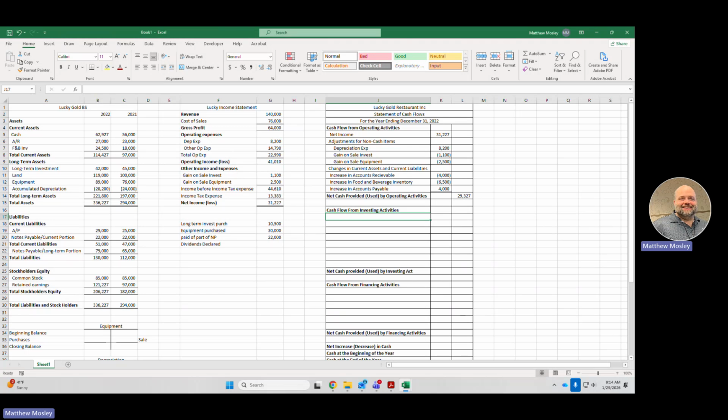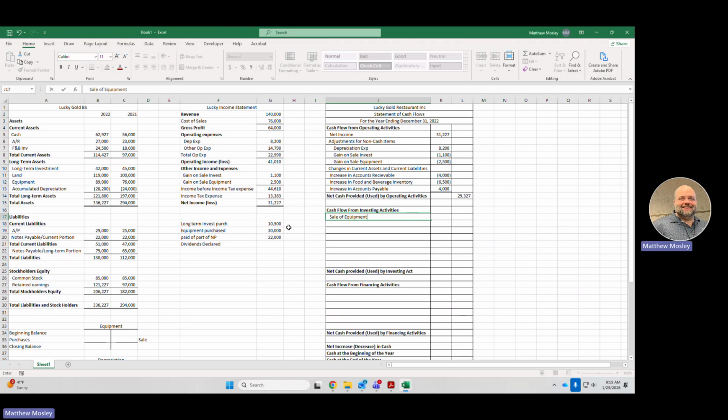All right? Now, coming up, we're dealing with the part that tripped us up a little bit in class. Sale of equipment. Because if we take a look over here at the equipment, it increased, but we had a purchase of $30,000.